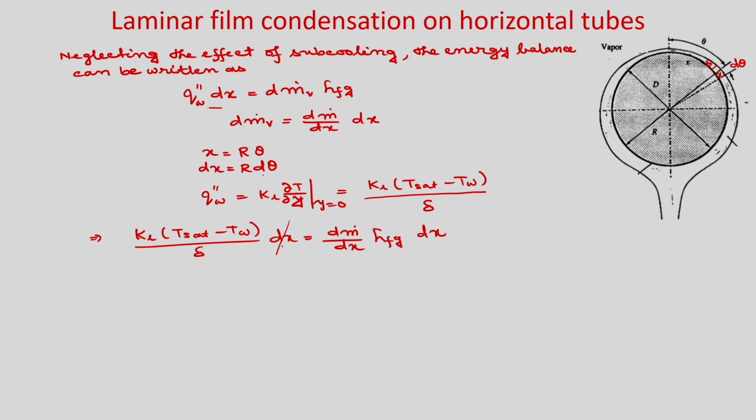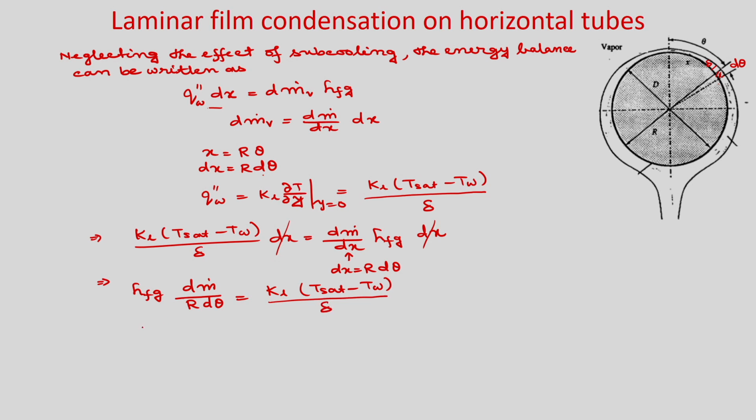So this dx you cancel. Now for dx you write r d theta and take it to the left hand side. So you will get hfg dm dot divided by r d theta is equal to KL (T sat minus TW) divided by delta.